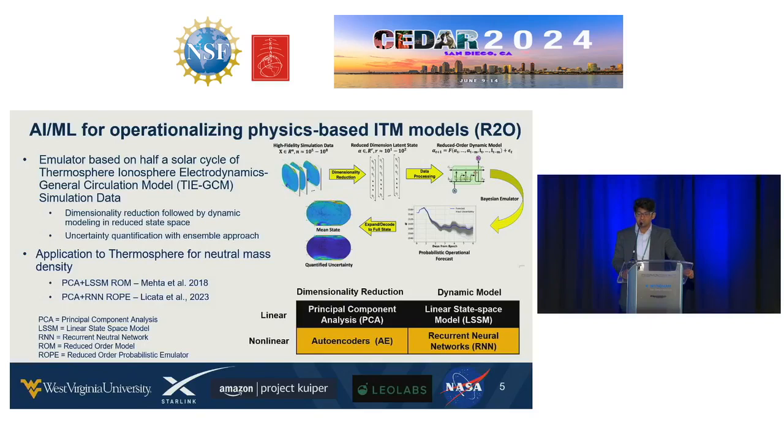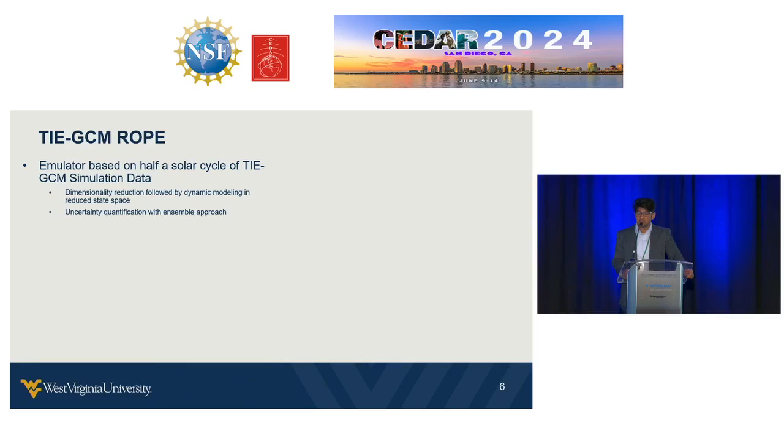We extended that recently to the PCA plus RNN, which is the linear dimensional reduction and nonlinear recurrent network model. And then we are currently working on the nonlinear dimensional reduction and nonlinear dynamic model. I'll have some preliminary results on that. They should be published next month. But we'll get into that.